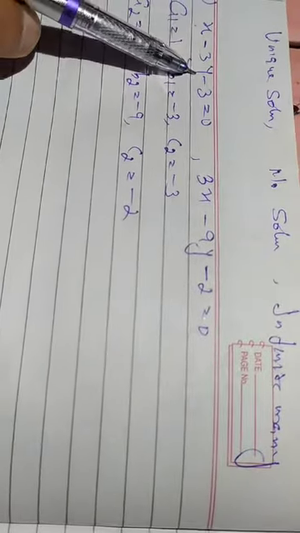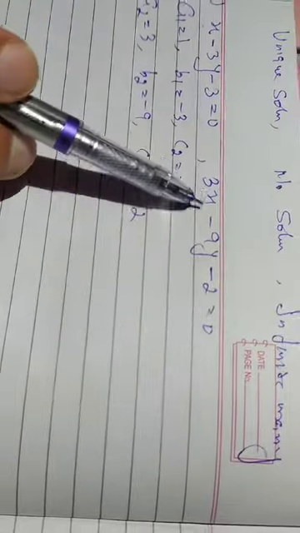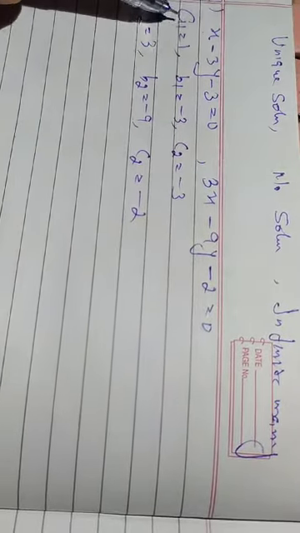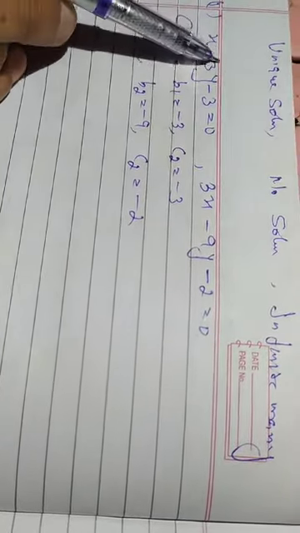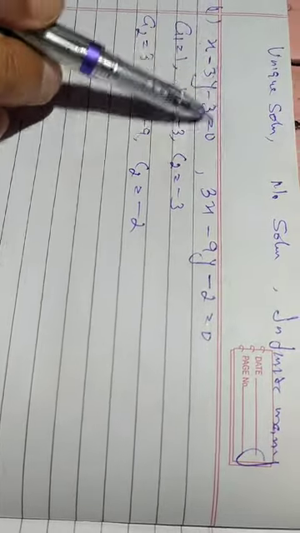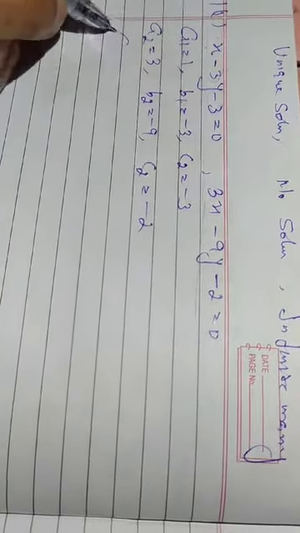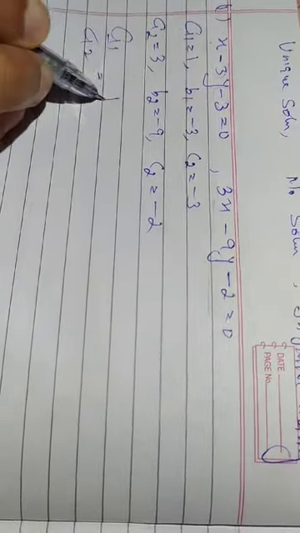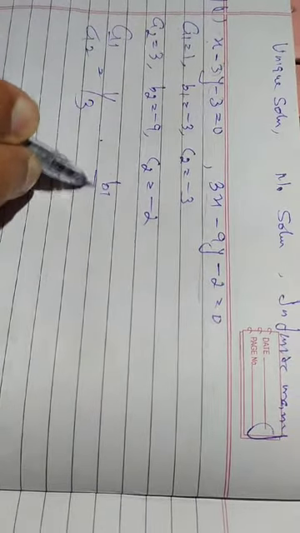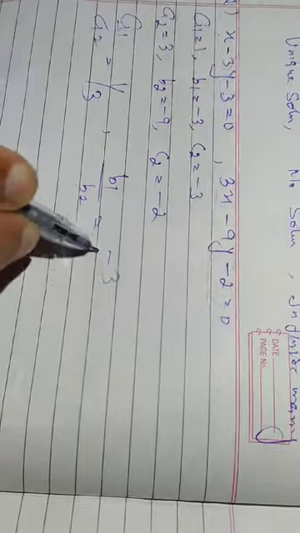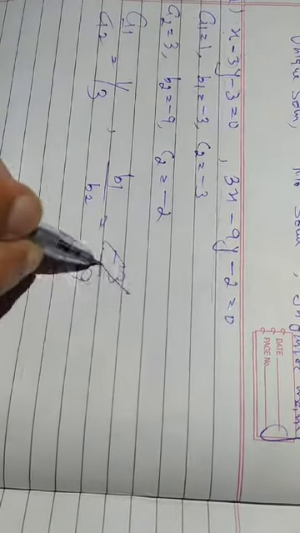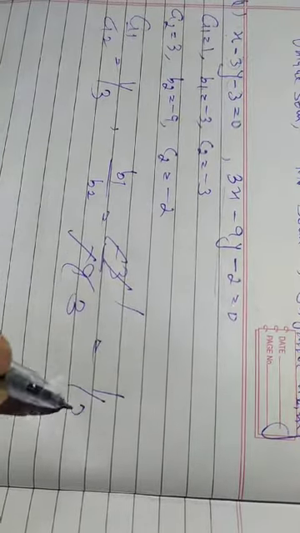First question, first part: x minus 3y minus 3, and 3x minus 9y minus 2. Write here a1, b1, c1: a1 is 1, b1 is minus 3, c1 is minus 3. Firstly, we find a1 by a2, 1 by 3, and b1 by b2, minus 3 by minus 9, which cancels out to 1 by 3. Both are equal.